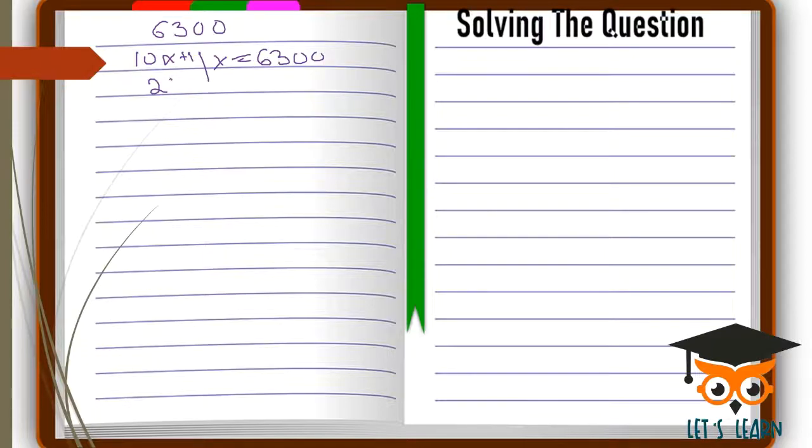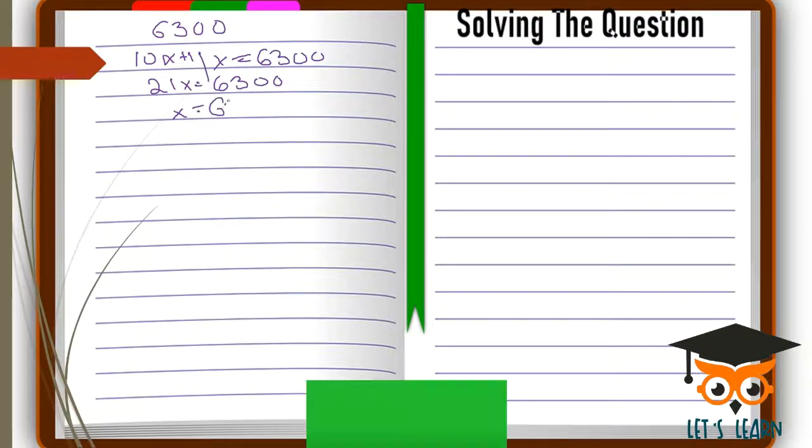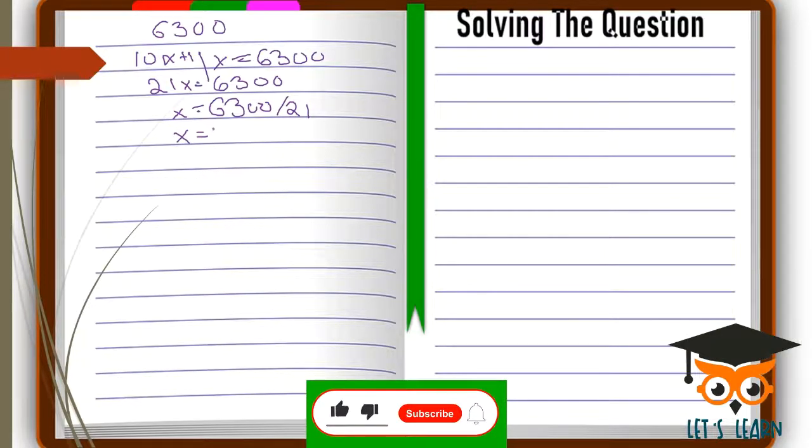That will be 21x equals 6300. Then x will be 6300 divided by 21, and this will give us 300.